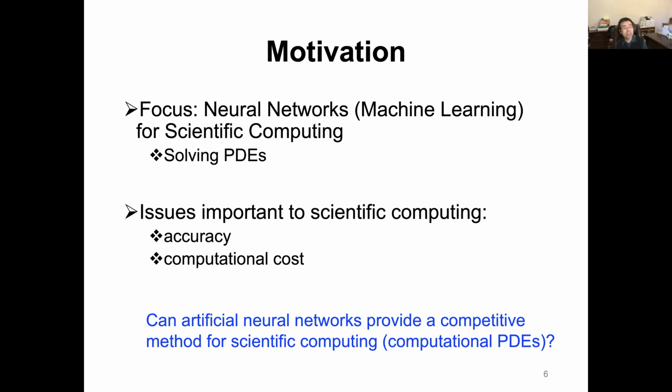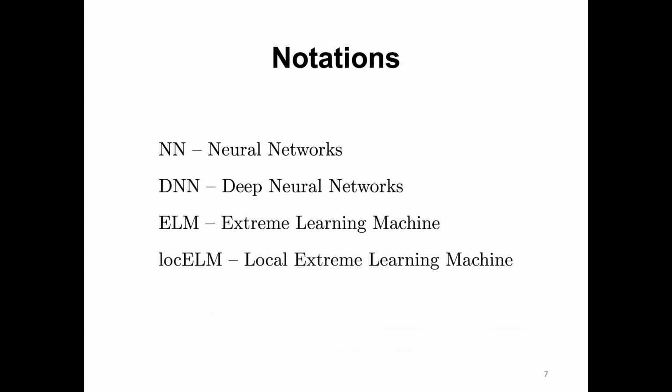So we'll focus on these aspects. I will try to answer the following question, at least partially. That is, can neural networks provide a competitive method for scientific computing, especially in computational PDEs? So, can we develop a competitive method for computational PDEs? That's the question I will try to answer.